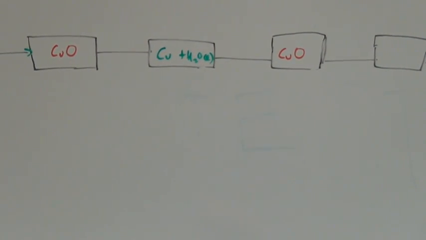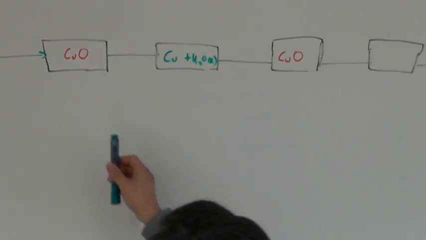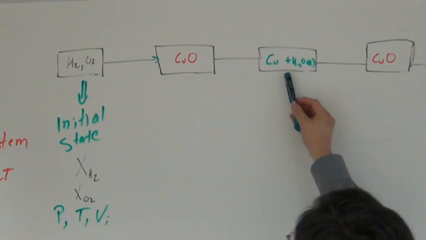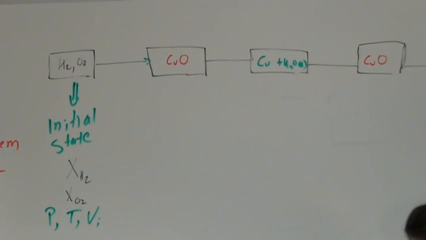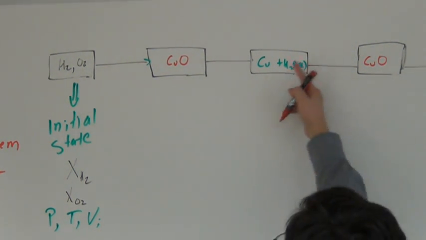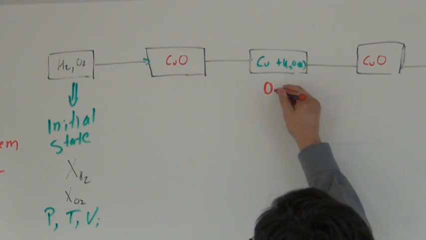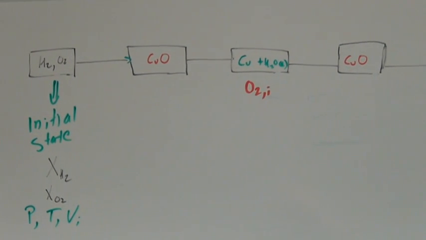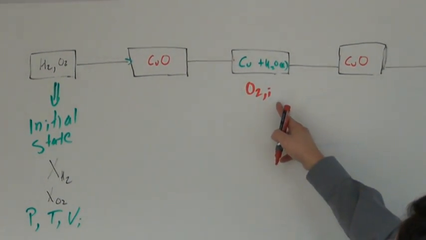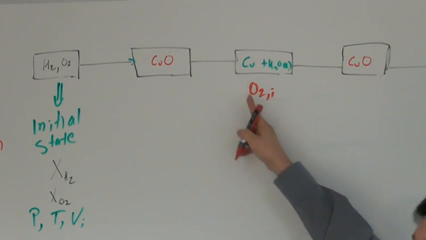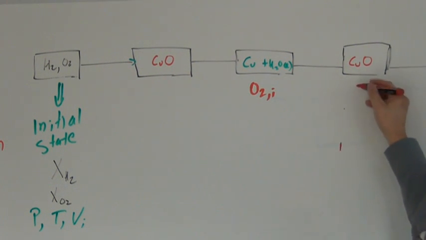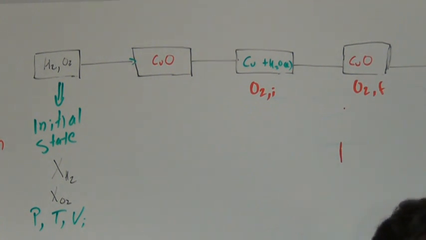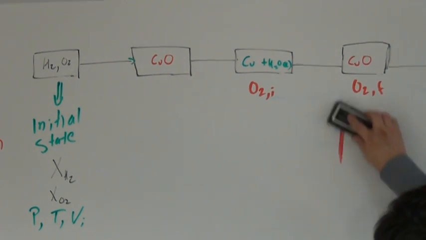Things to consider. This hydrogen reacts with copper oxide, producing copper and liquid water. Also part of this is the oxygen that we have initially. This oxygen will reoxidize the copper, forming copper oxide and some remaining oxygen, the excess oxygen.